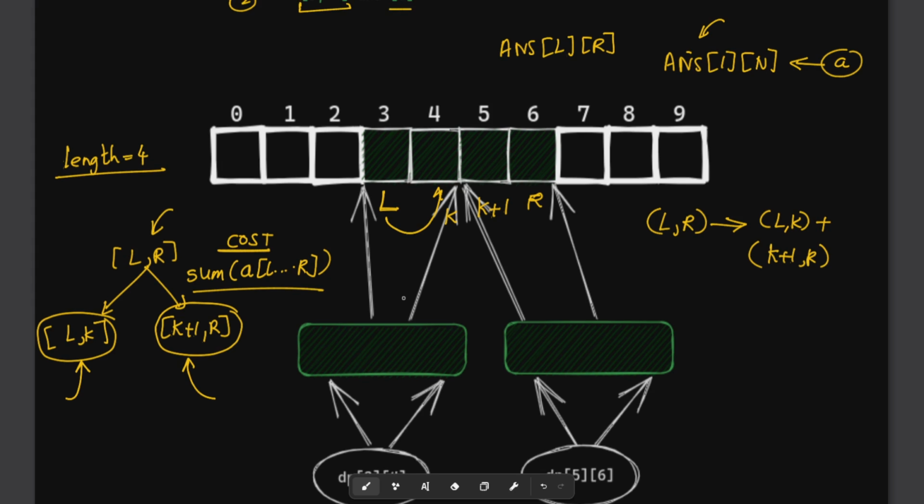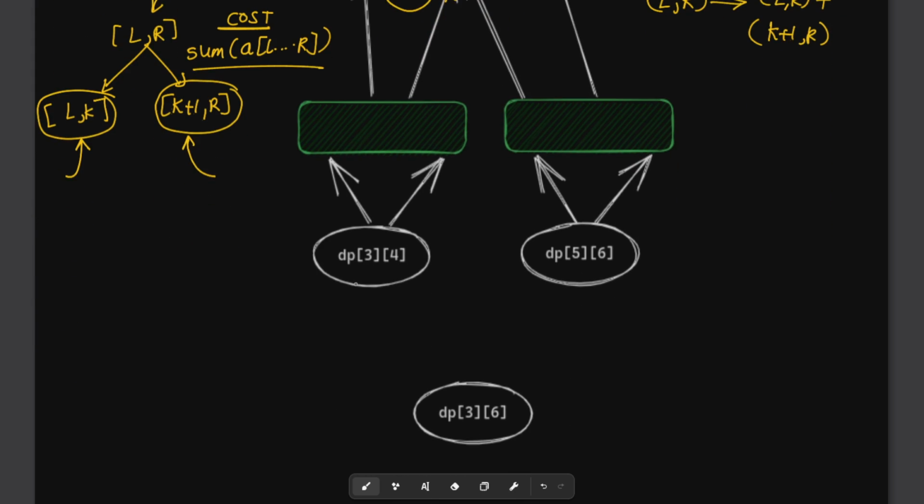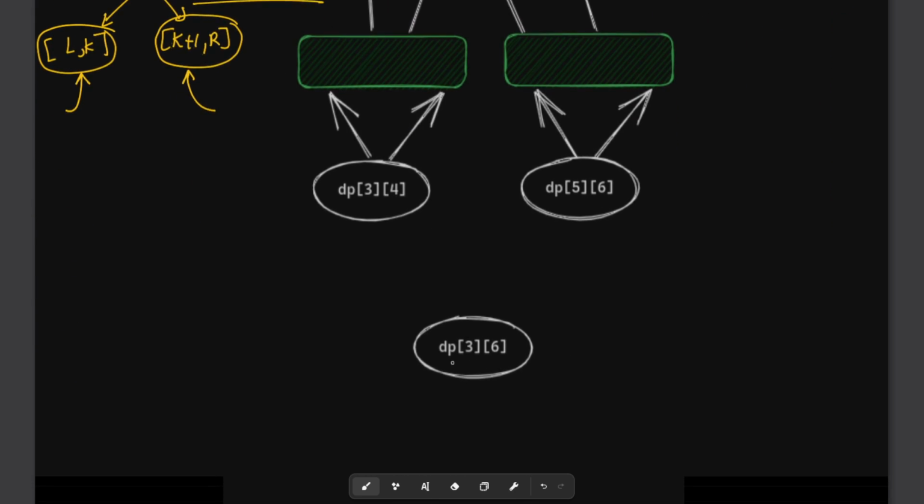So to find out the answer, let's say dp of 3,6, the answer is denoted by dp, we will go over all the choices that are possible to combine between 3 and 6. So 3, 4, 5 and 6 was the subarray that we need to know the answer for.